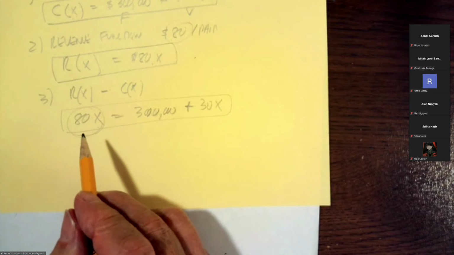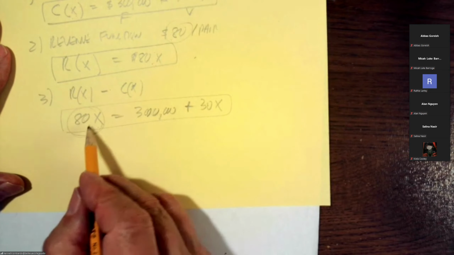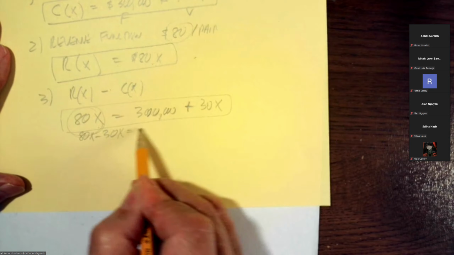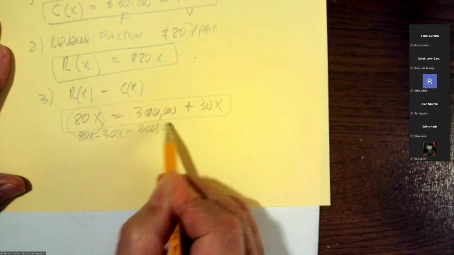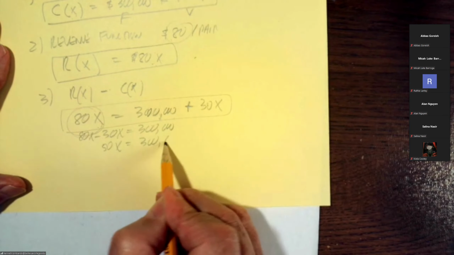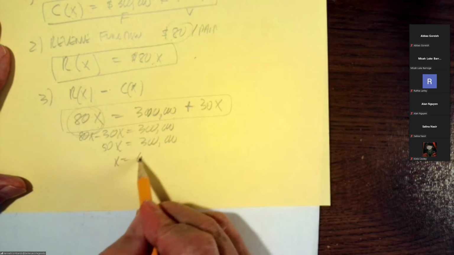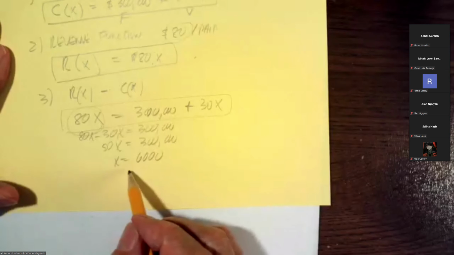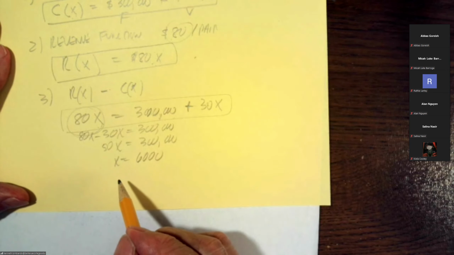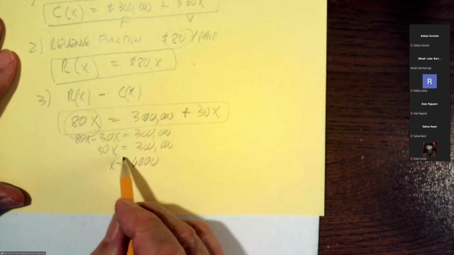And let's have a new volunteer on this one. I got 6,000. 6,000. Okay, good. And 6,000 what? Is that dollars? Yes. $6,000.